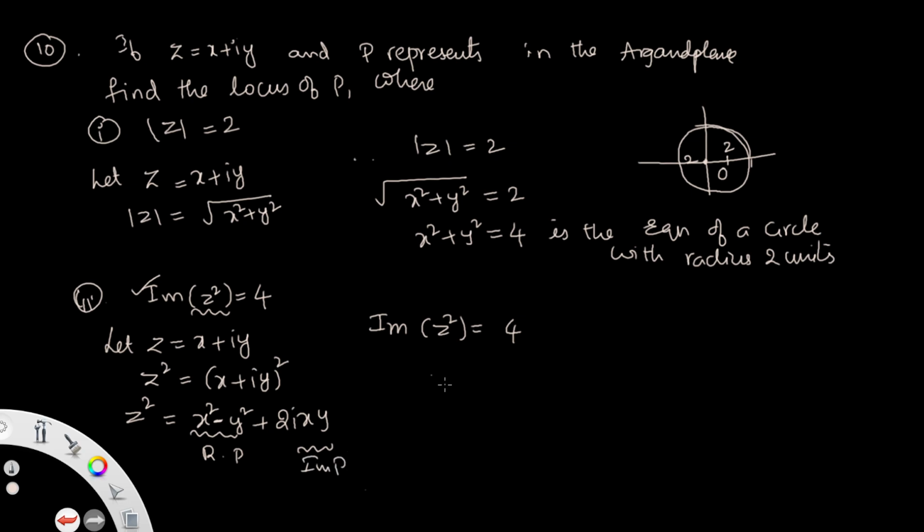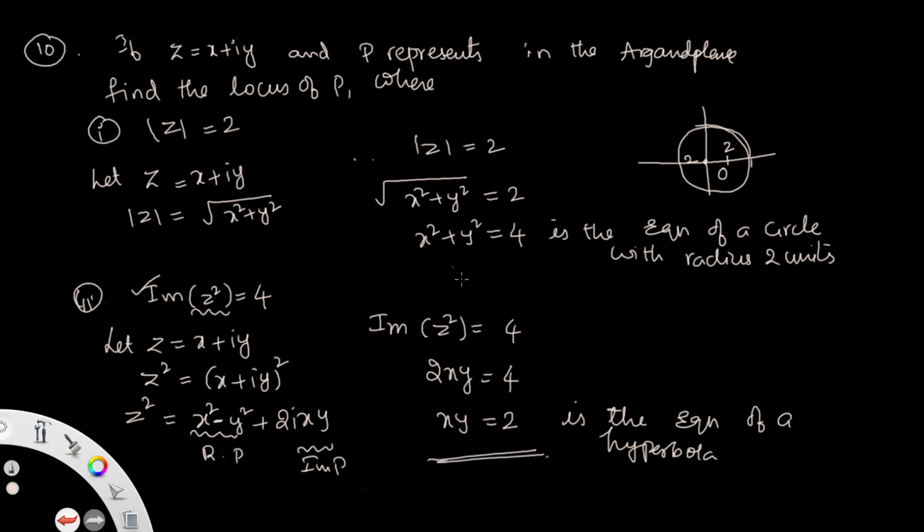So the imaginary part is 2xy, and 2xy equals 4, so xy equals 2, which is the equation of a hyperbola. You will learn more afterwards, but for the locus, write down that the equation of a hyperbola is the required locus.